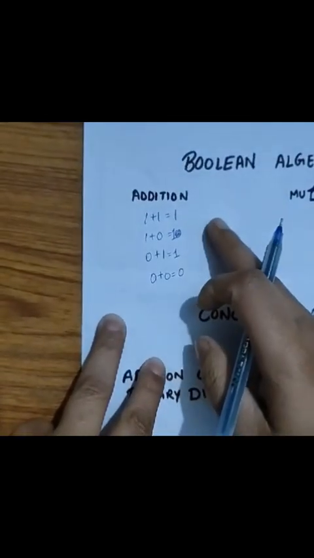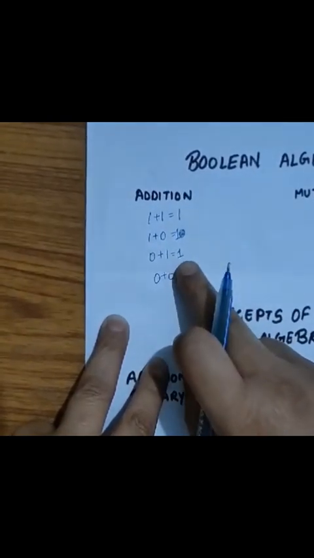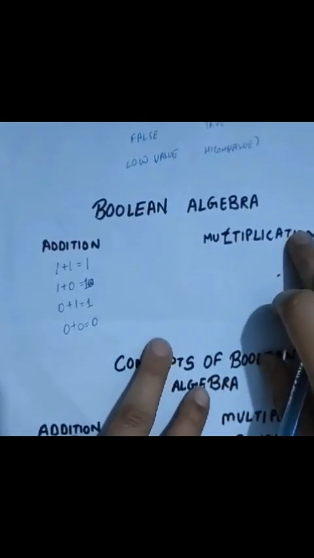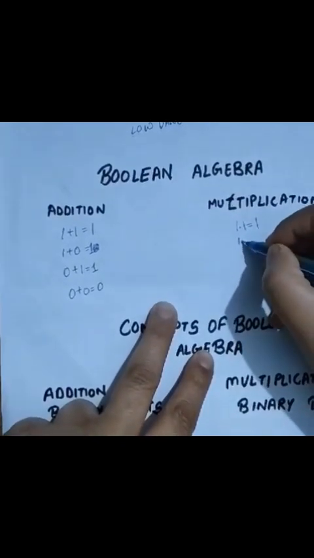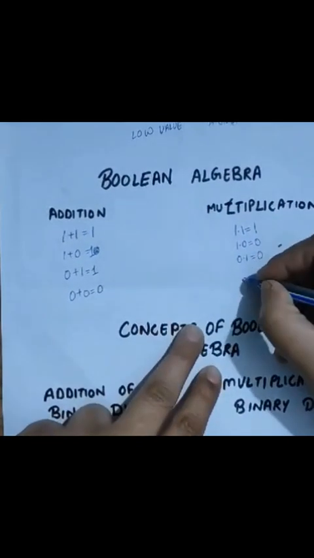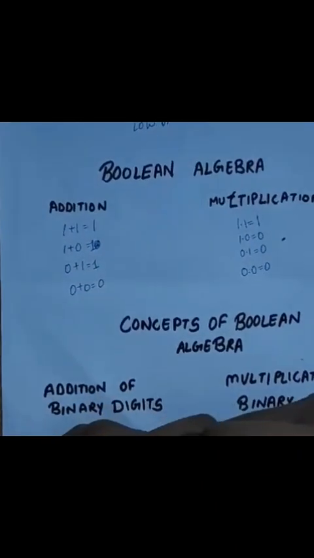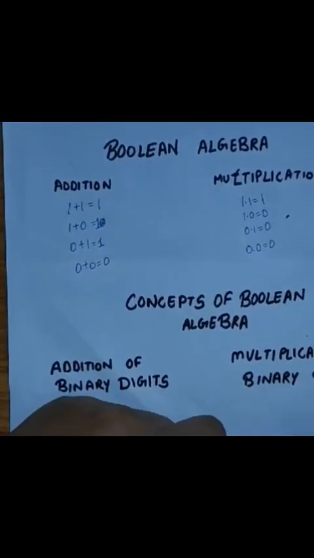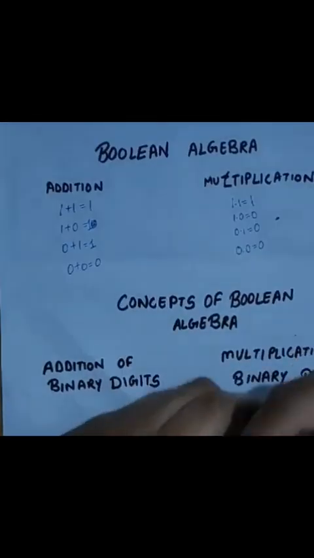In case of addition, if at least one of the inputs is high, the output will also be high. Whereas in case of multiplication, 1.1 is 1, 1.0 is 0, 0.1 is 0 and 0.0 is also 0. In case of multiplication, the only condition for the output to be high is that all the inputs are high.